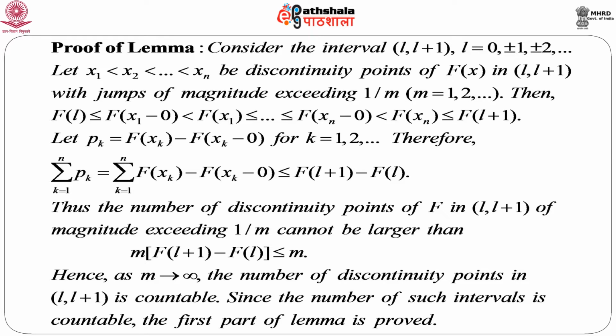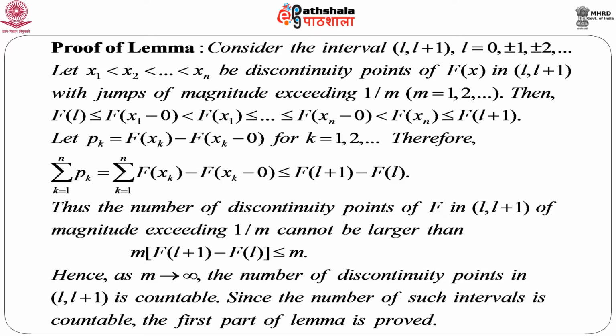Now, let us define p_k as F of x_k minus F of x_k minus 0 for k equals 1, 2 and so on. Therefore, we can immediately get the summation of p_k, k equals 1 to n, which is in fact less than or equal to capital F of l plus 1 minus capital F of l. Just a little bit of algebra using these two relations, we can get this.